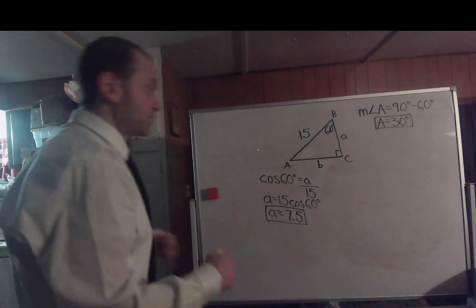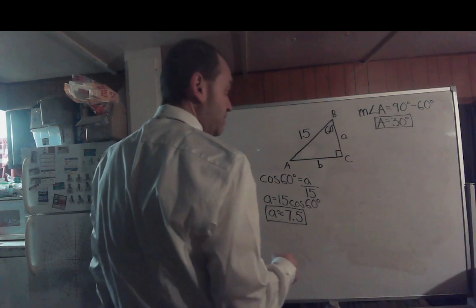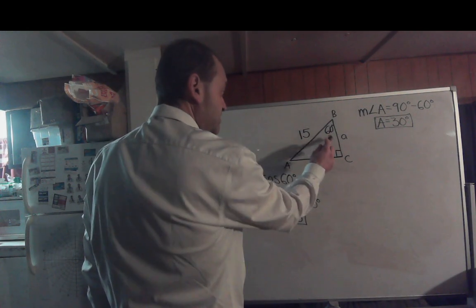Now to solve for side B, we can use the sine ratio. So the sine of 60 equals B over 15. We'll set that up. The sine of 60 degrees equals B over 15. So that means that B equals 15 times the sine of 60 degrees.